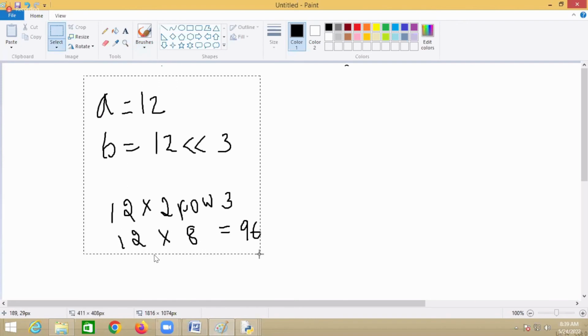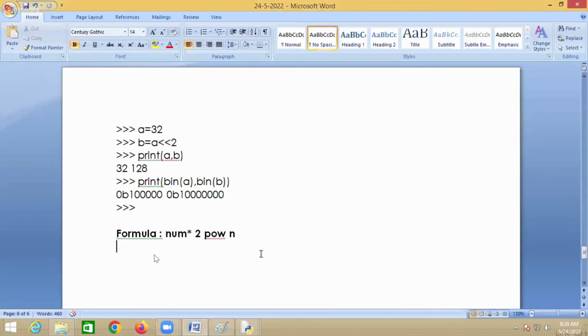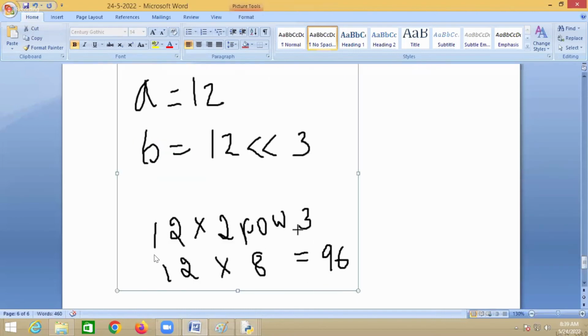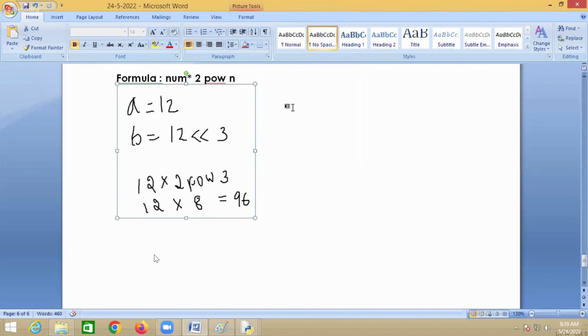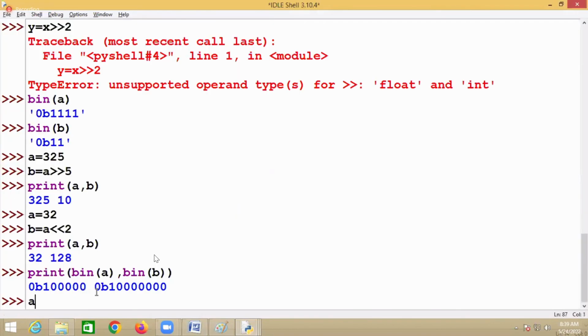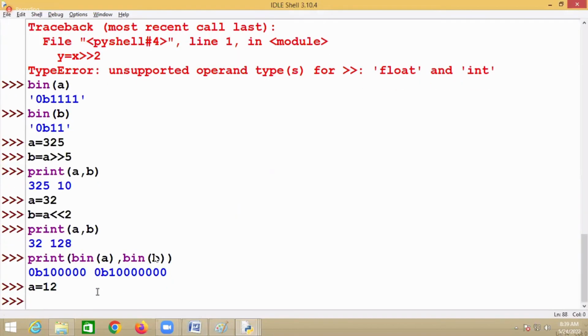Yes. So whenever you shift the bits towards the left side, the value is incremented. The value of A is 12 and the value of B is A left shift 3.